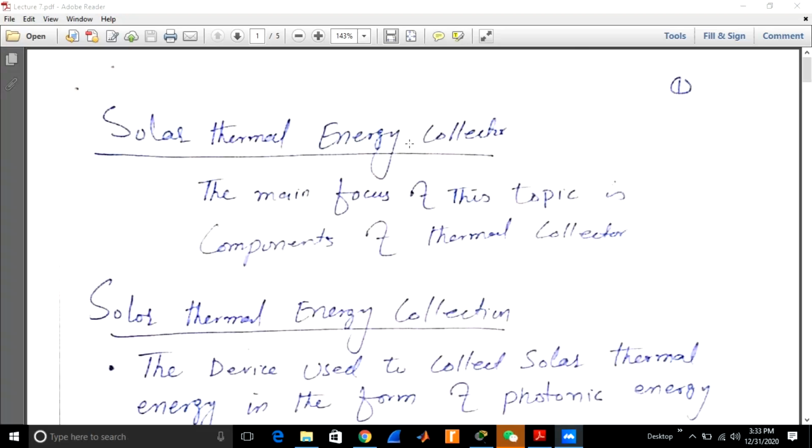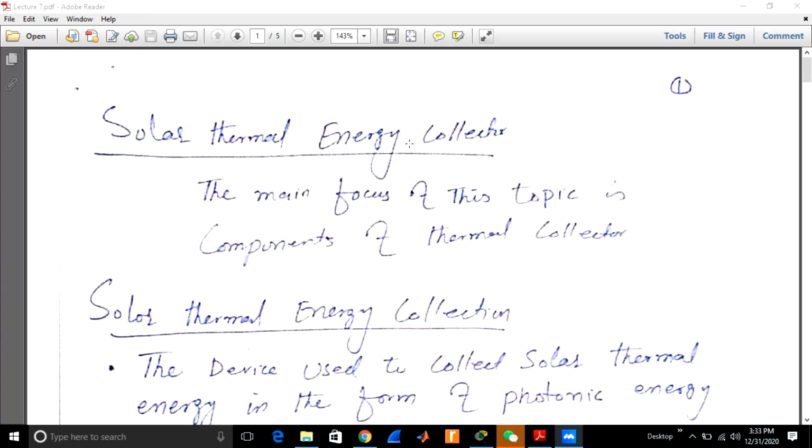In today's class, we will collect the solar energy, and in the coming class, we will store the energy, and then we will design the solar panel for solar energy. So this is the link between the lectures which will be delivered in the coming weeks.